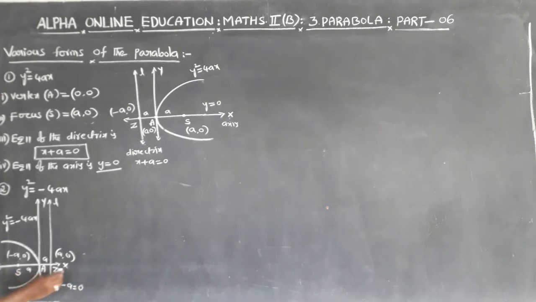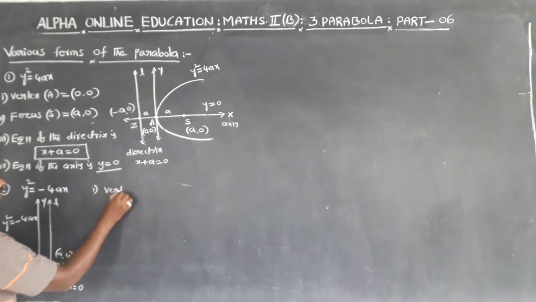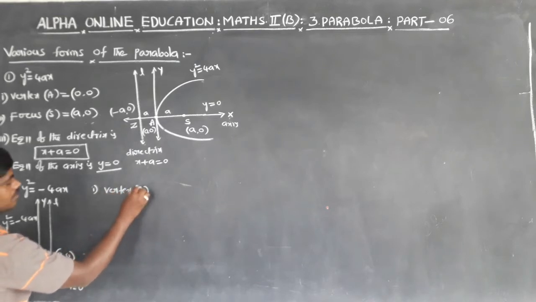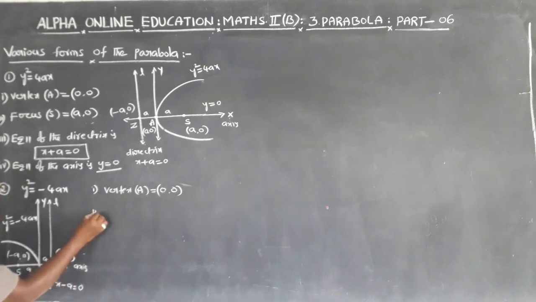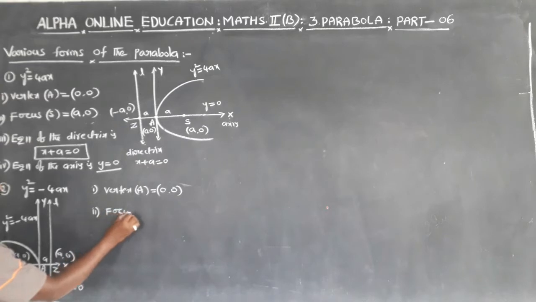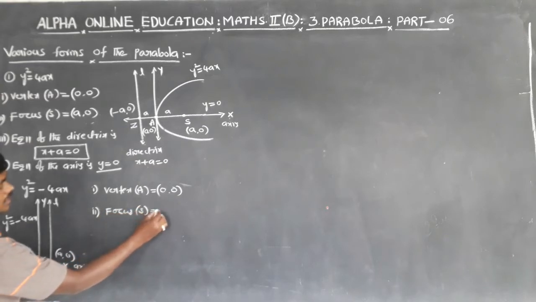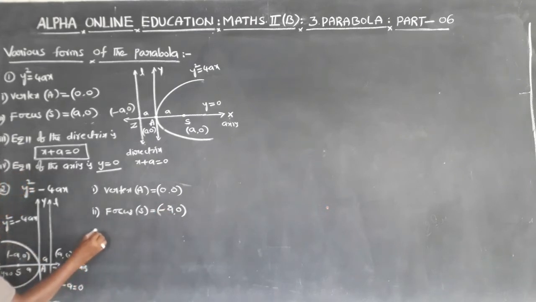This is the equation of the axis. Equation of the axis, x-axis equation y is equal to 0. Number 1, vertex. Vertex A is equal to 0 comma 0. Second one is focus. Focus S is equal to minus a comma 0.